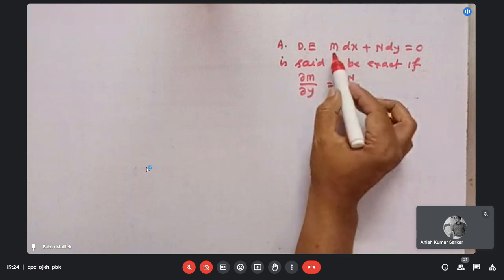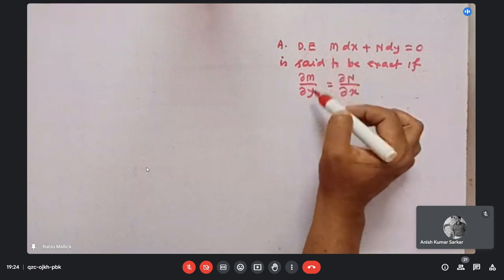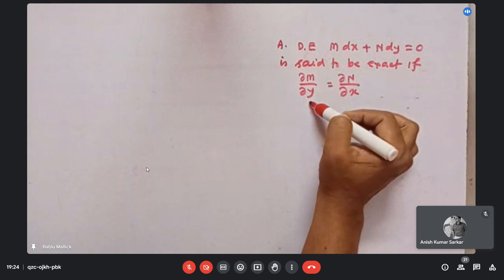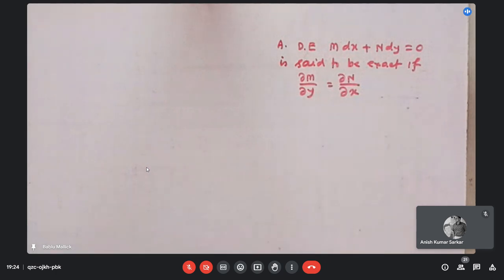Del M by del y means we shall differentiate M with respect to y considering x as constant, and del N by del x means we shall differentiate N with respect to x taking y as constant. If they are equal, then we shall say that it is an exact differential equation.